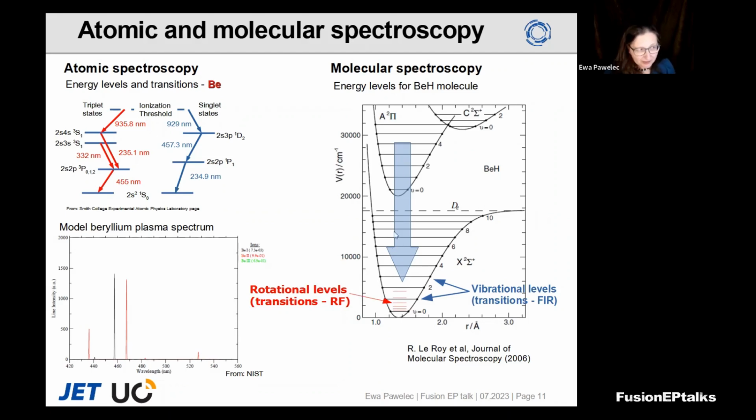But if you have the visible transition, then you will be changing the electronic, vibrational, and rotational levels. So you will have many lines from one electronic transition.